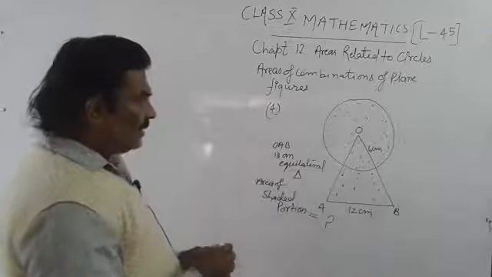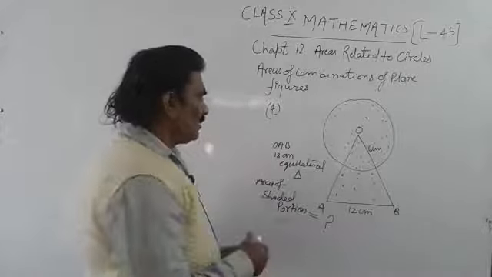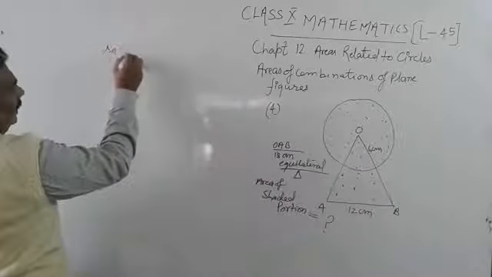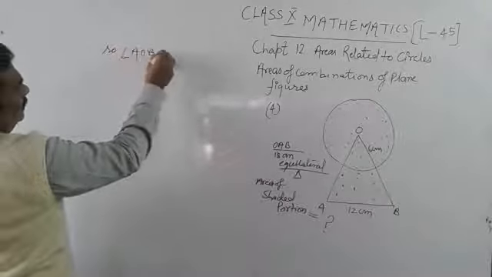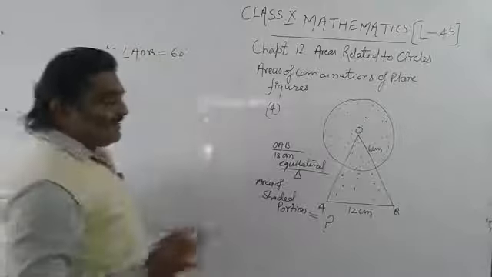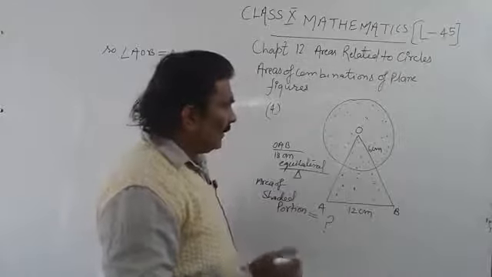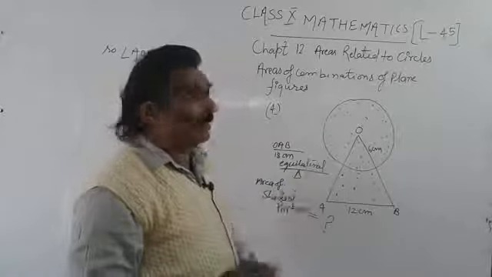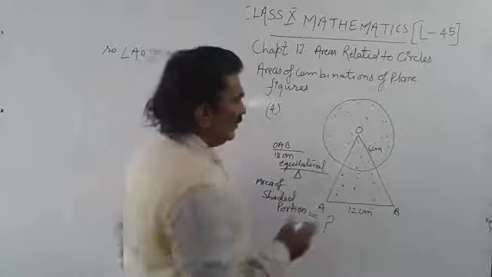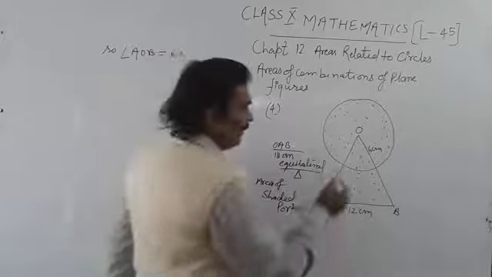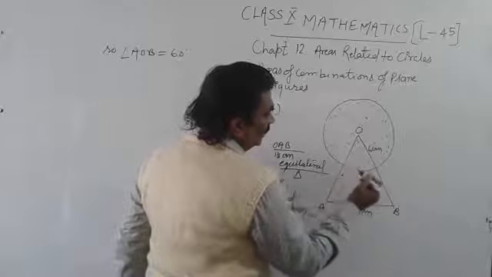Then here students, OAB is an equilateral triangle. So angle AOB is equal to 60 degree, because each angle of an equilateral triangle is 60 degree. Okay, and if you think about this diagram, what portion of the shaded region is common between the circle and the triangle?